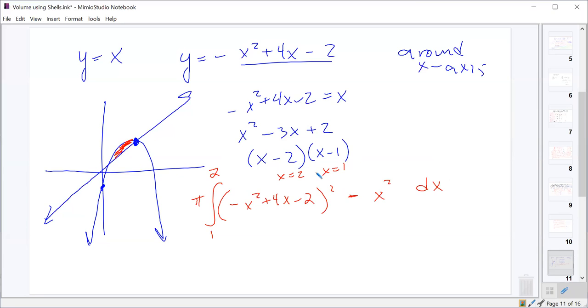All right, so then we'll distribute out the negative x squared plus 4x minus 2, which is going to be a little bit of a pain. What is that?